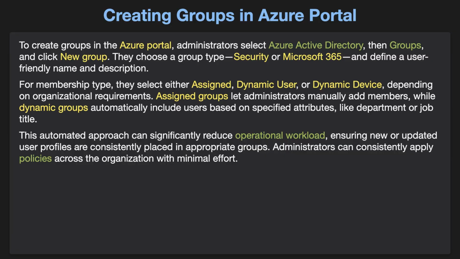Assigned groups let administrators manually add members, while dynamic groups automatically include users based on specified attributes, like department or job title. This automated approach can significantly reduce operational workload, ensuring new or updated user profiles are consistently placed in appropriate groups. Administrators can consistently apply policies across the organization with minimal effort.